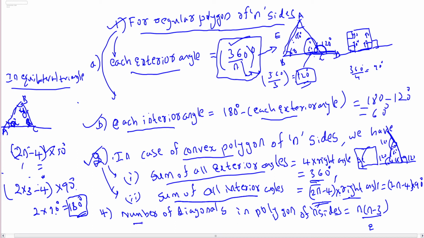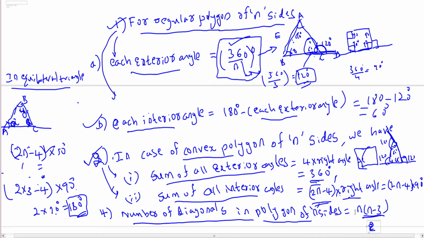the next one: the number of diagonals in a polygon of n sides is n into n minus 3 upon 2. How do we confirm this one? Suppose you take a square.